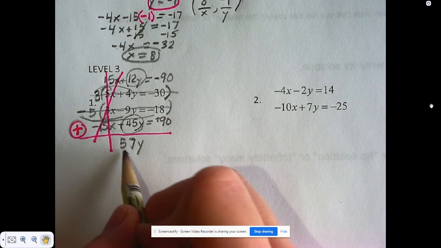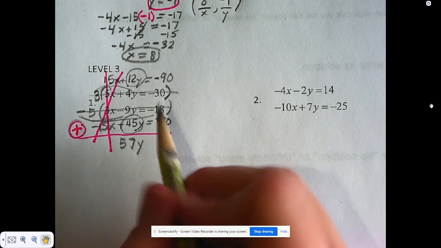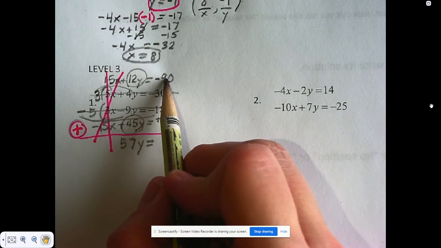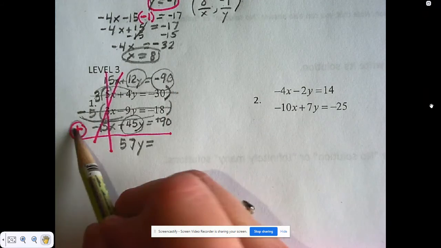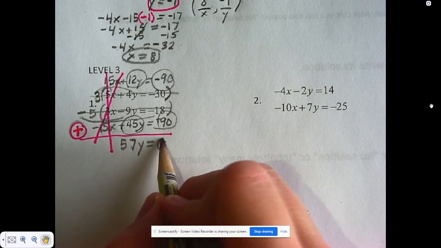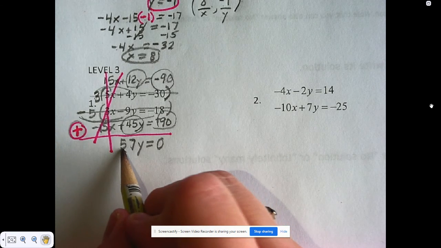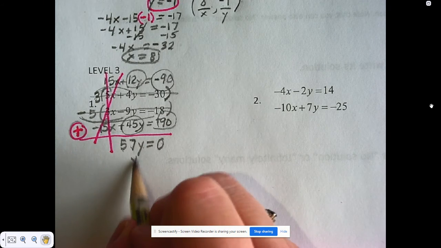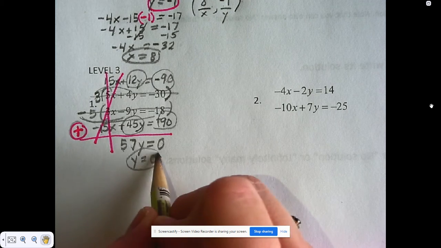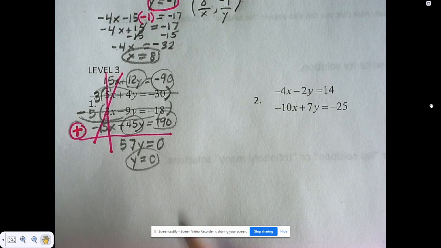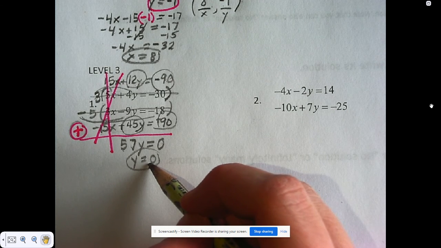I know on the answer key that is a mistake. That should be 57y equals -90 plus 90, which is 0. Can I have a 0? Absolutely. So 57 times what is 0? Well, that's easy. That is 0. Yes, one of your solutions can be 0. I only have one answer. I still need to have the other answer.